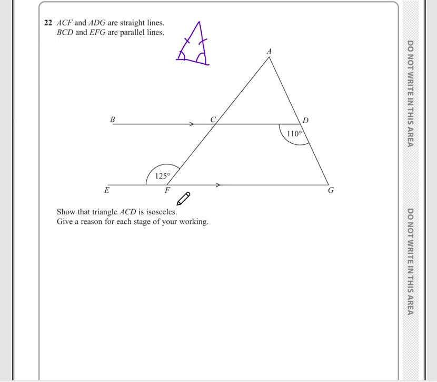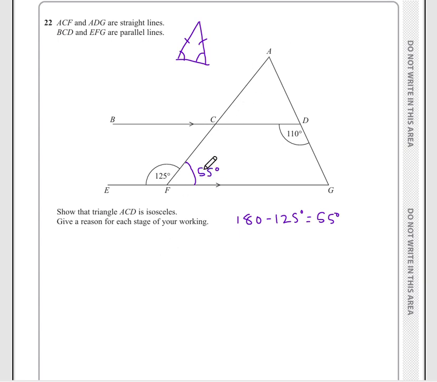So, angles in parallel lines. You may well have done this in a different order, but I'm going to start with this angle 125. I know that these 2 angles here are angles in a straight line, so they add up to 180 degrees. So 180 degrees minus 125 is going to give me 55 degrees.